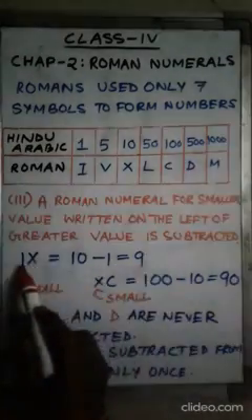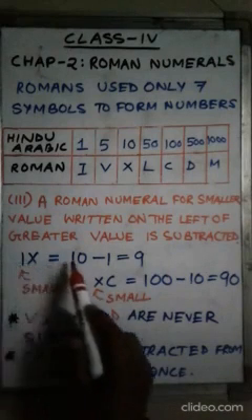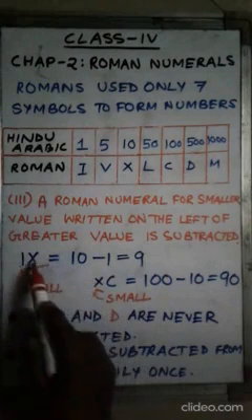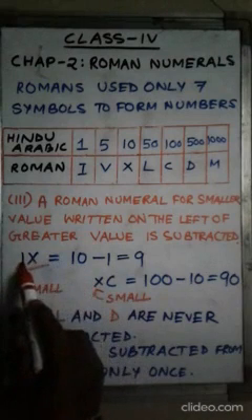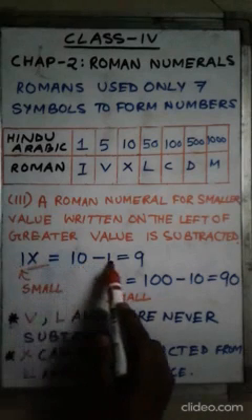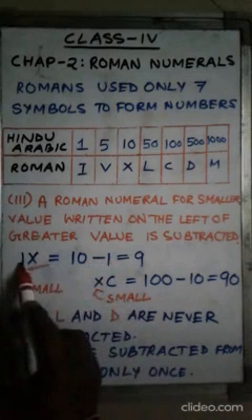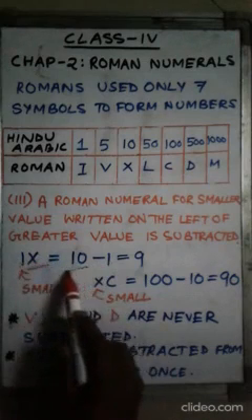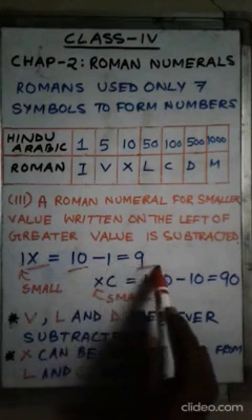Here you can see for this symbol, as it is written on the left side, I have to subtract the value of this from this symbol. So 10 minus 1 is equal to 9.